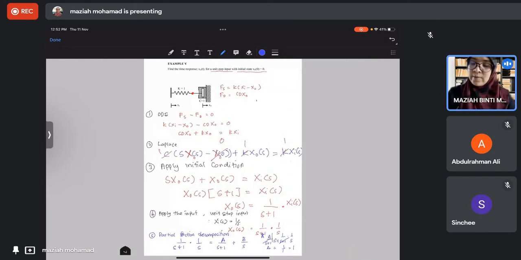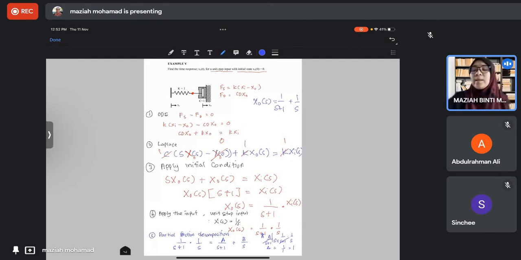So you're going to have X naught s is equal to 1 over s plus 1 plus 1 over s. Okay, that is after you have solved for A and B using reminder theorem. Okay, for today we're not going to discuss on reminder theorem yet.